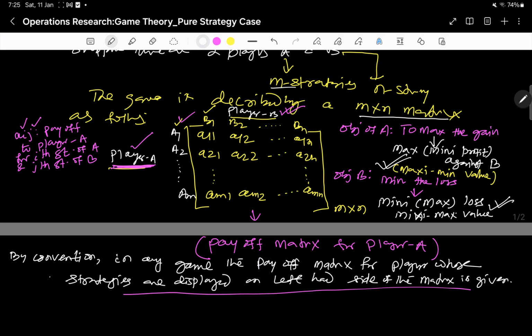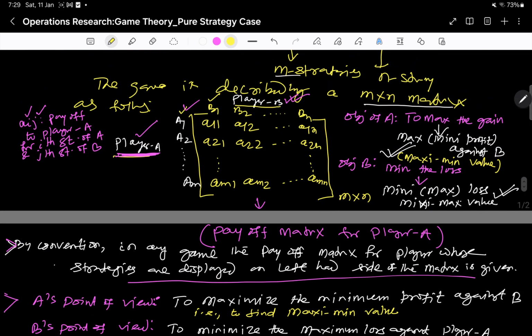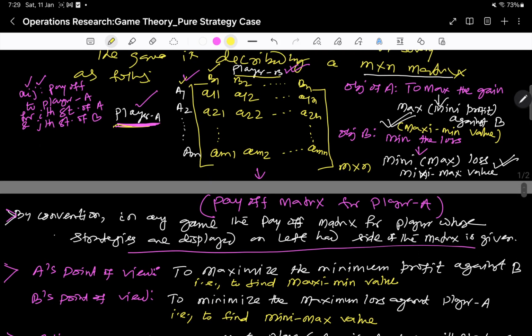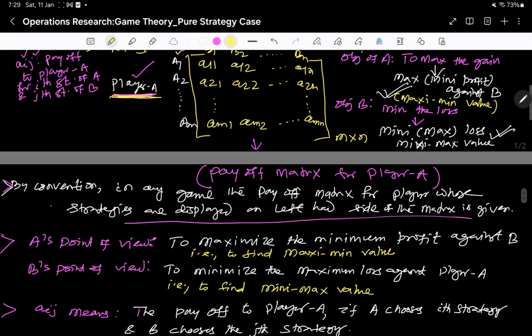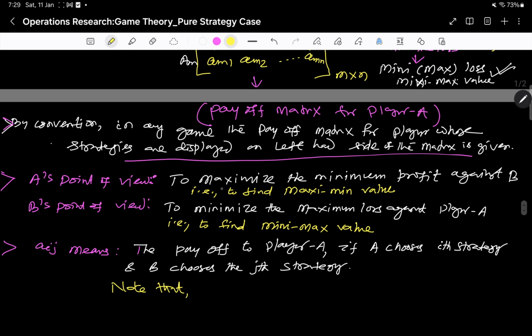So let me write the objective in detail. After the game is played, this is the outcome, and we have to solve the game. From the given payoff, this is the payoff for the player written at the left hand side. Now the objective of the left hand player is to maximize the minimum profit.